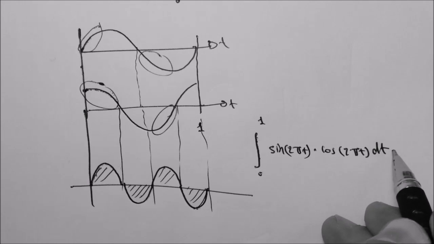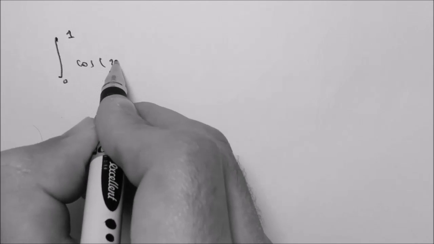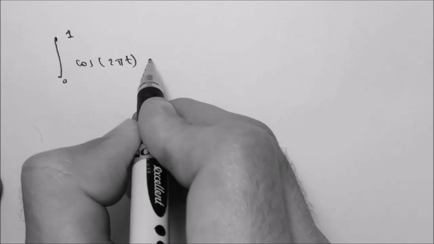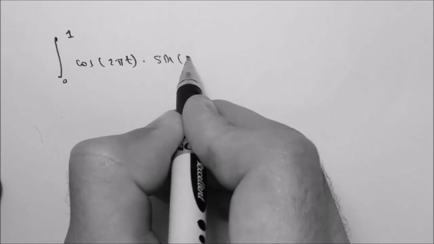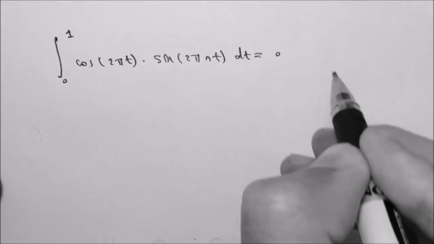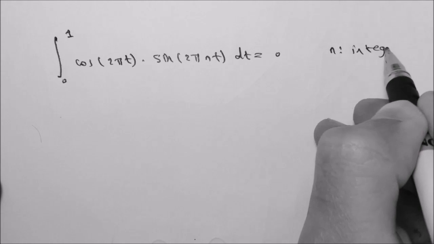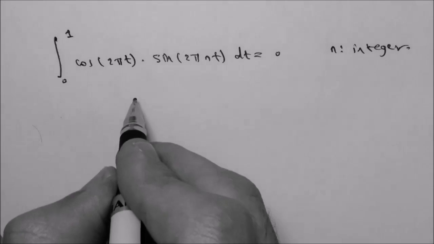So to generalize, we say that the correlation between a 1 hertz cosinusoid and an n hertz sinusoid is always 0, regardless of the value of n. Of course, it needs to be an integer. And of course, the same thing for the sinusoids.